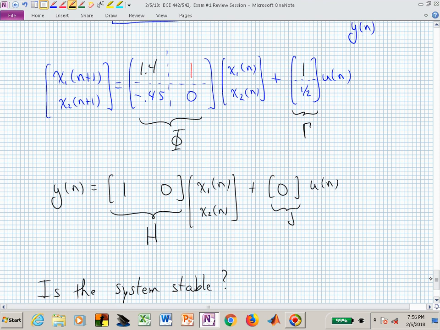How can you find stability in this representation? The eigenvalues of the system matrix, which is this phi.